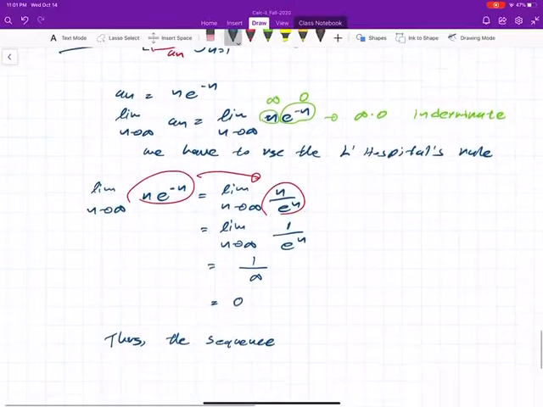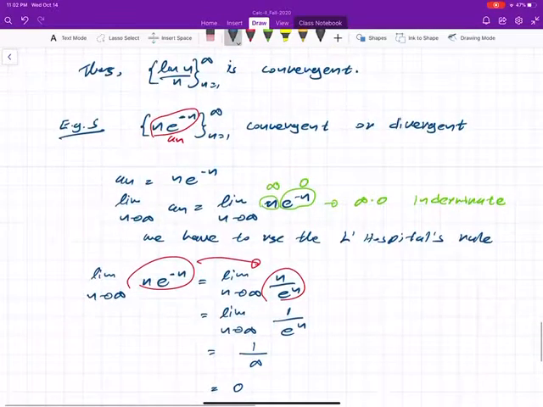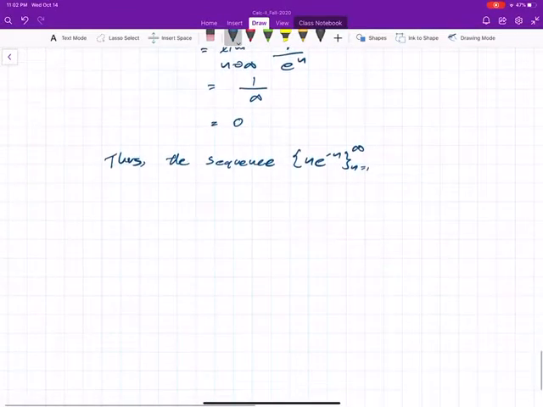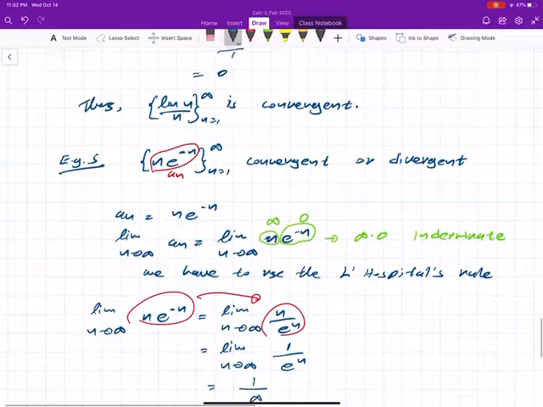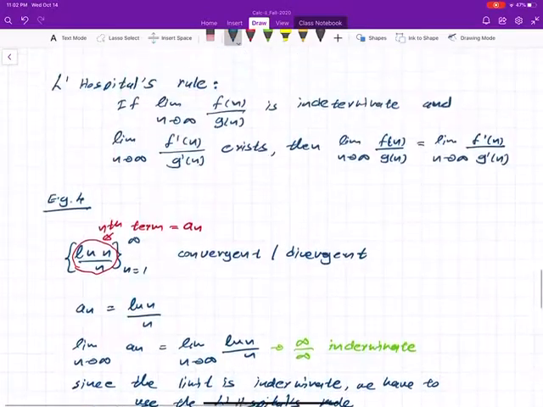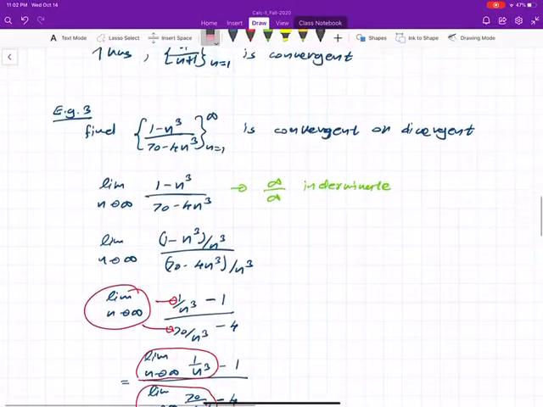The given sequence n e to the power negative n, n goes from 1 to infinity, is convergent. All right, we discussed 2 examples in this part. That is number 2, where we use L'Hopital's rule. Now we move to number 3, where we use some other method.